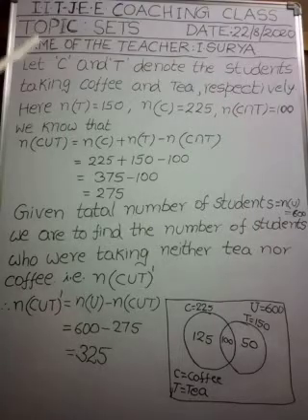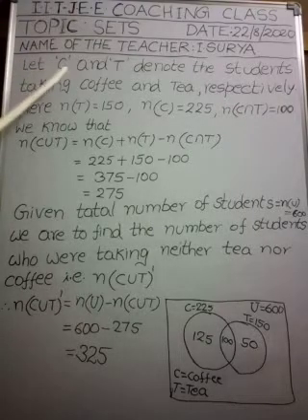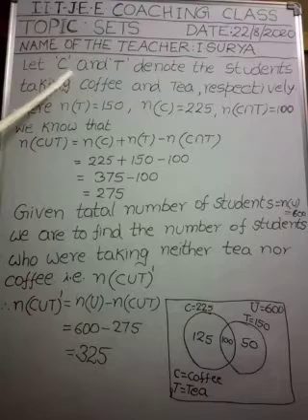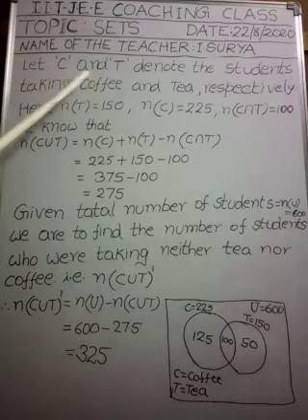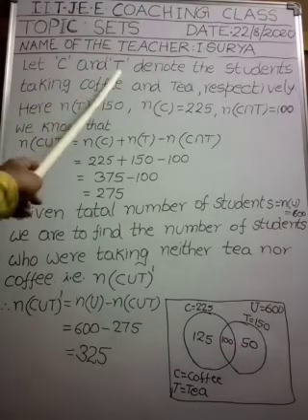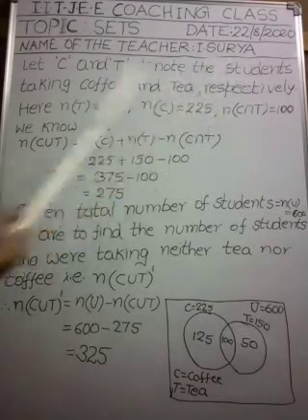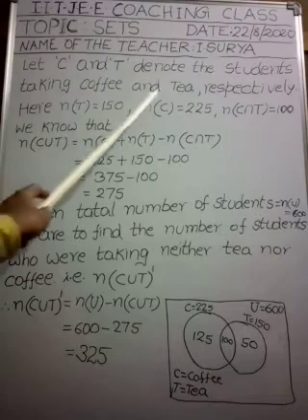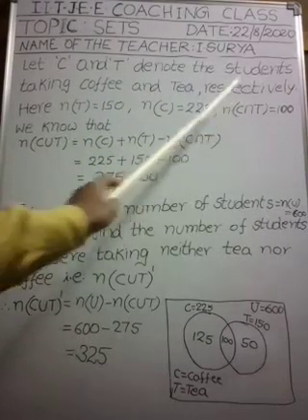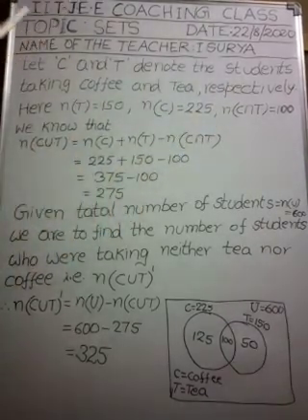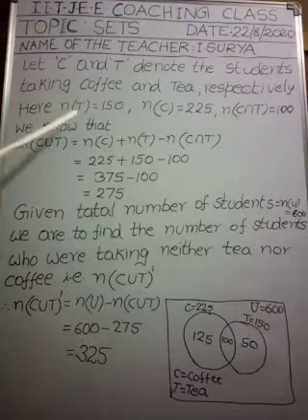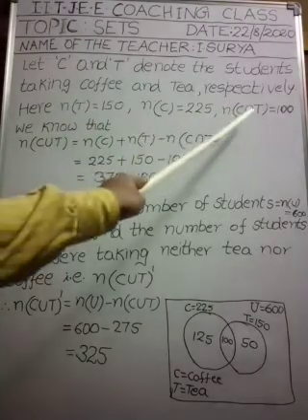Now, let us assume that letter C denotes students who are taking coffee and T denotes the students who are taking tea. Now, from the question, we can write these equations.